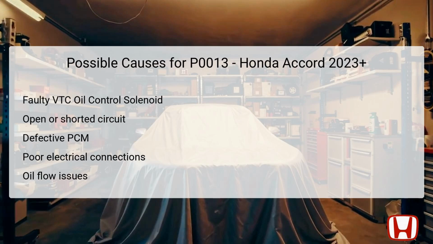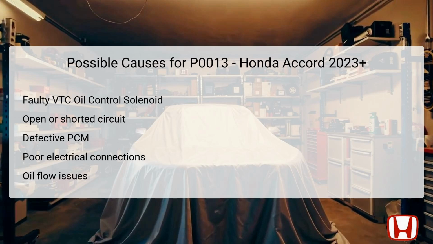Several factors may contribute to the occurrence of DTC P0013. A faulty VTC oil control solenoid can directly trigger this error, preventing it from controlling valve timing correctly. Another common issue is an open or shorted circuit that affects electrical signals going to or coming from the solenoid. Additionally, a malfunctioning PCM may misinterpret readings or fail to relay information accurately regarding the VTC system.